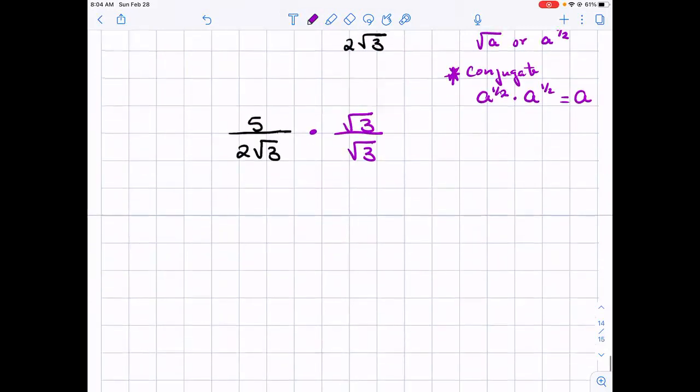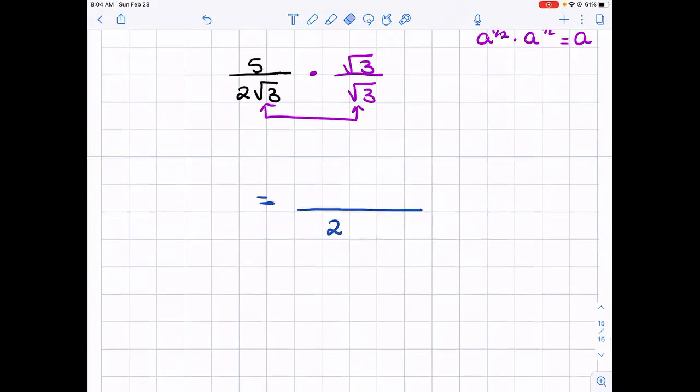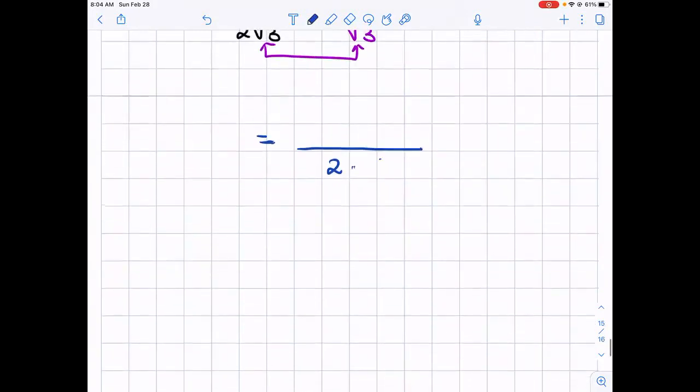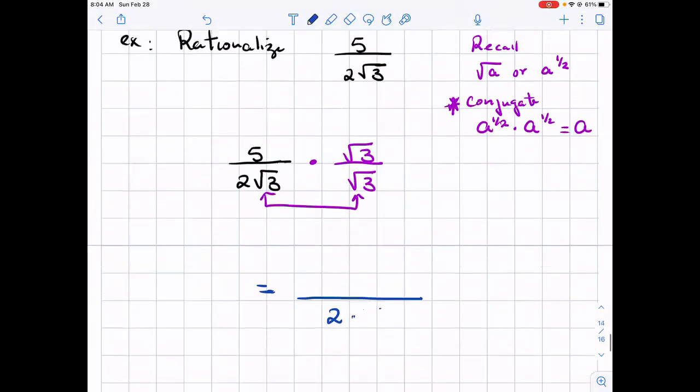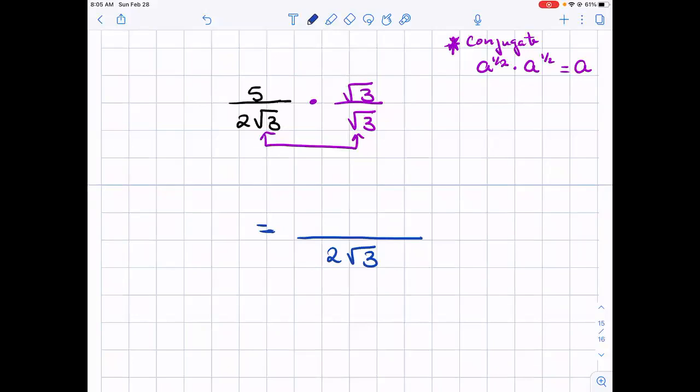So when you multiply these two things, that becomes 2 root 9. Or better yet, I don't even like writing the root 9. It becomes root 3 squared.